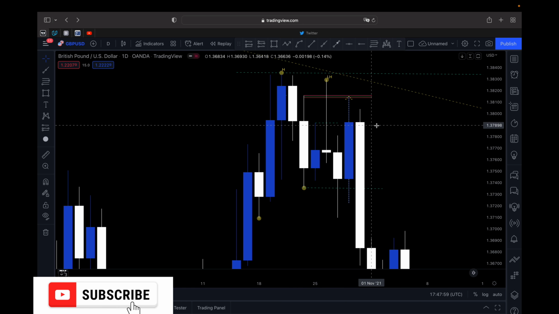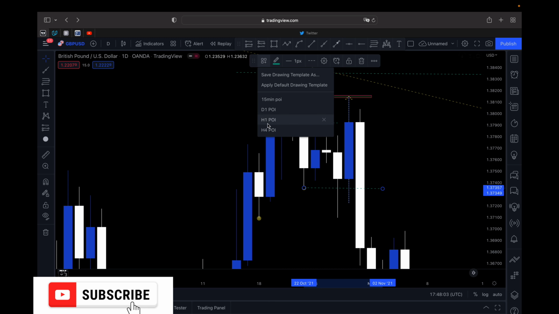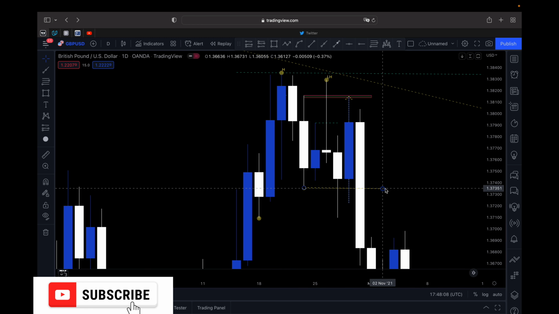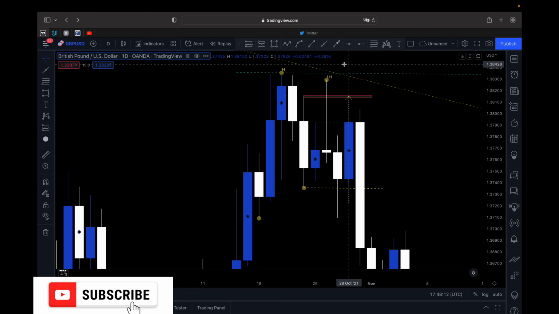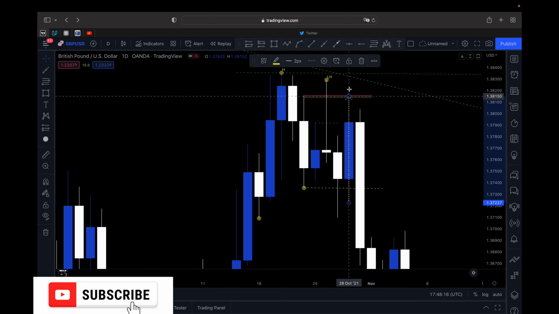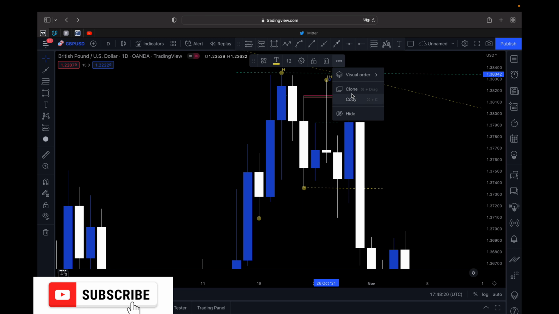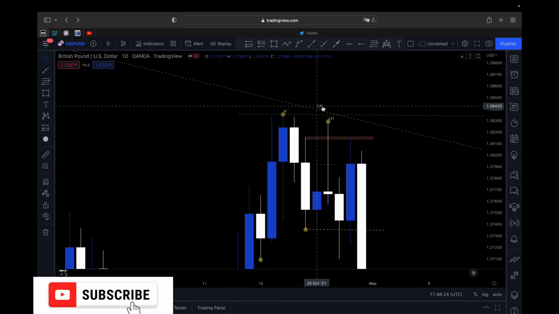Now what did price do? You see, it's actually clearer on the daily time frame. It's very clear. After price broke out here, price went back up to create a new lower high here, and price created a new lower high at this level here.